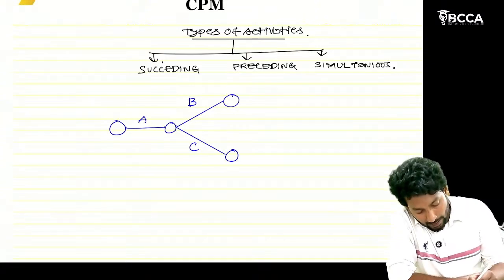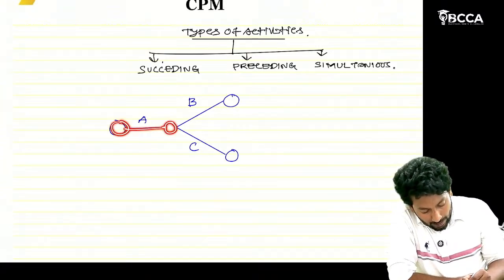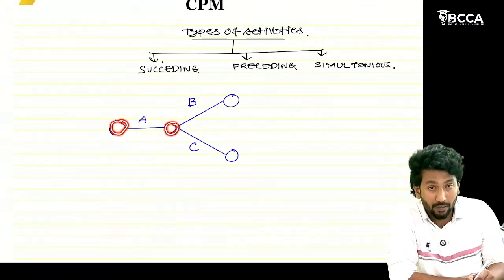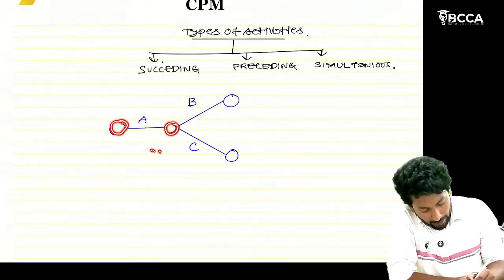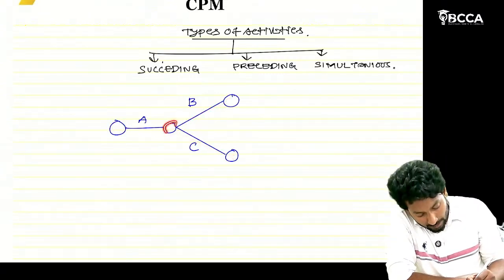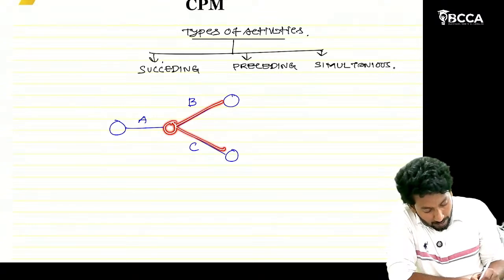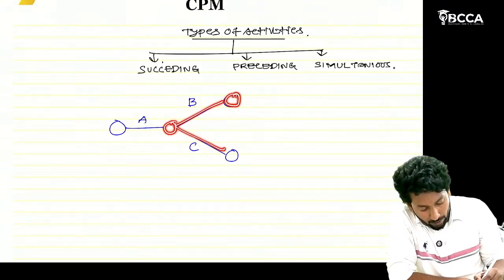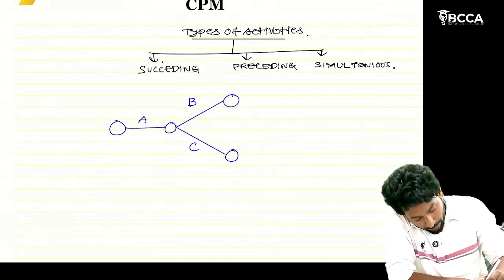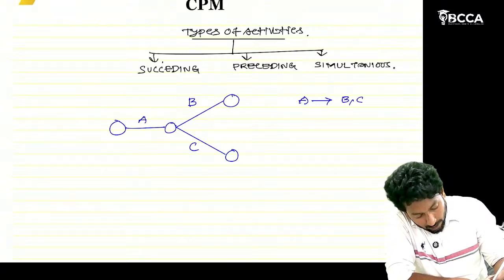This is the starting point of activity A, this is the ending point of activity A. After activity A ends here, we can start two activities B and C. This is the starting point for B as well as for C. This is the ending point of B, this is the ending point of C. From A's point of view, B and C are succeeding activities.